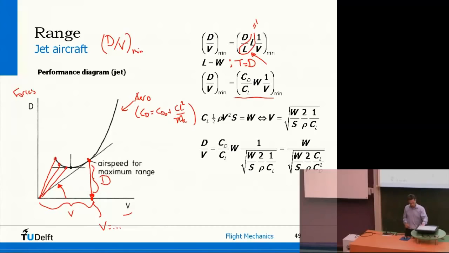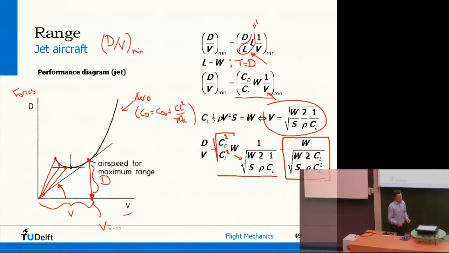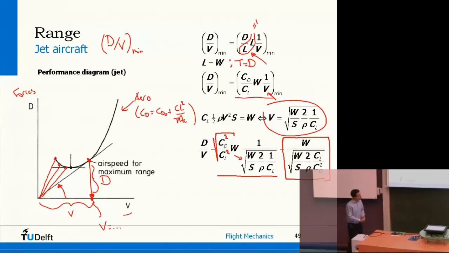and then you obtain this final result. So if you look at that carefully, then you see, well, aerodynamic drag divided by airspeed depends on aircraft weight, it depends on air density, it depends on the wing surface area, but for now we just assume them all to be constant. We assume we have a certain aircraft weight, a certain altitude at which we're flying, a certain wing area of course, and we want to find what is the best airspeed to fly at.